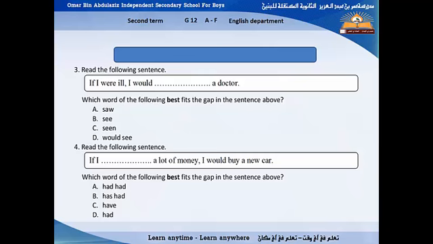Okay, now we have to read these sentences and try to know which answer is the right one. Here, as I told you before, you have to look at the given part of if. Here: if I were ill, I would see a doctor.